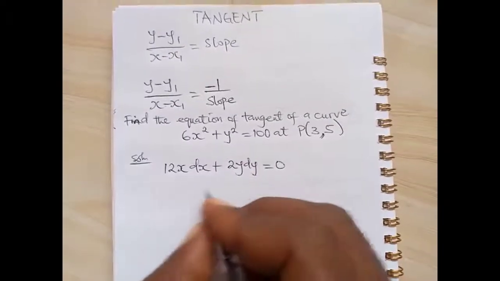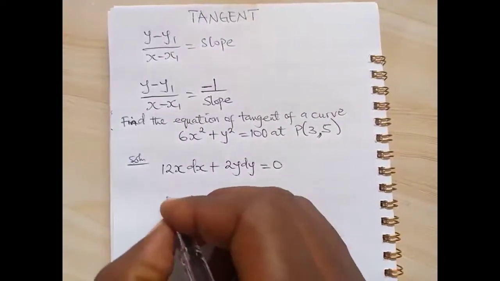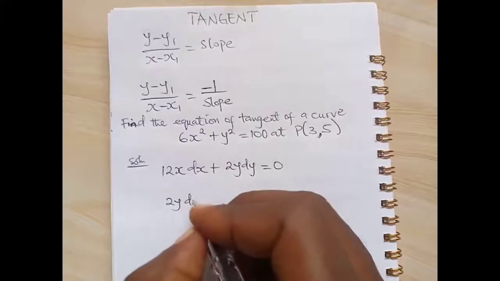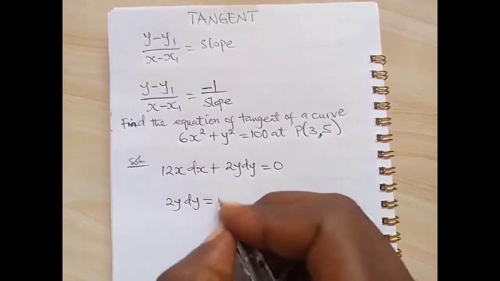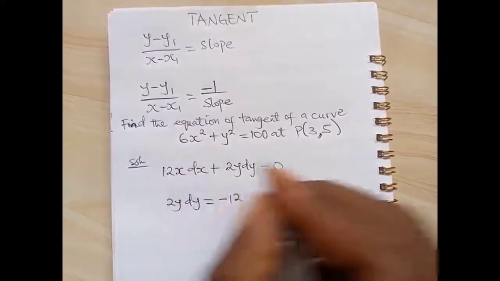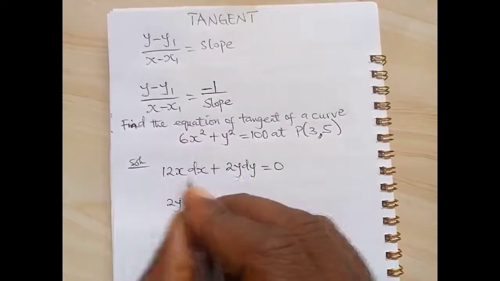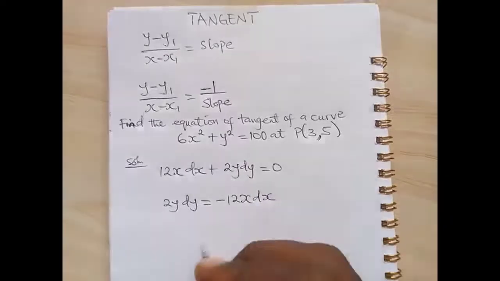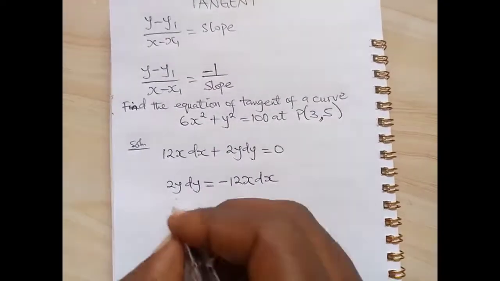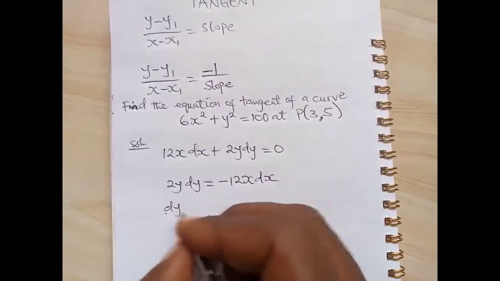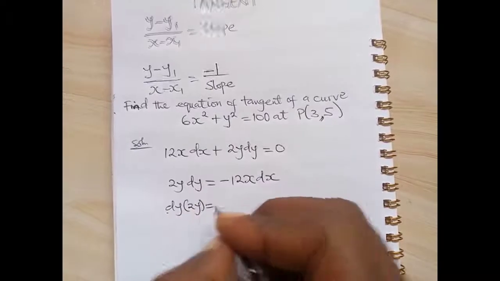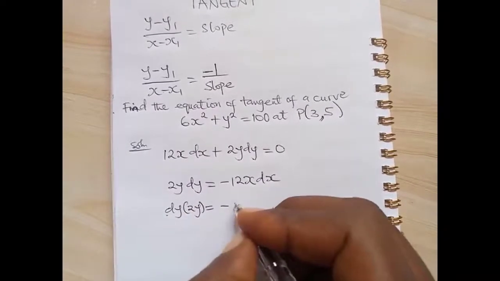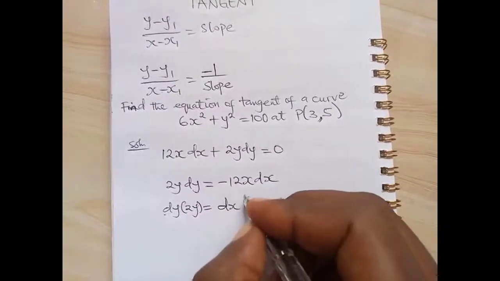And because of that, we can now have 2y dy is equal to -12x dx.